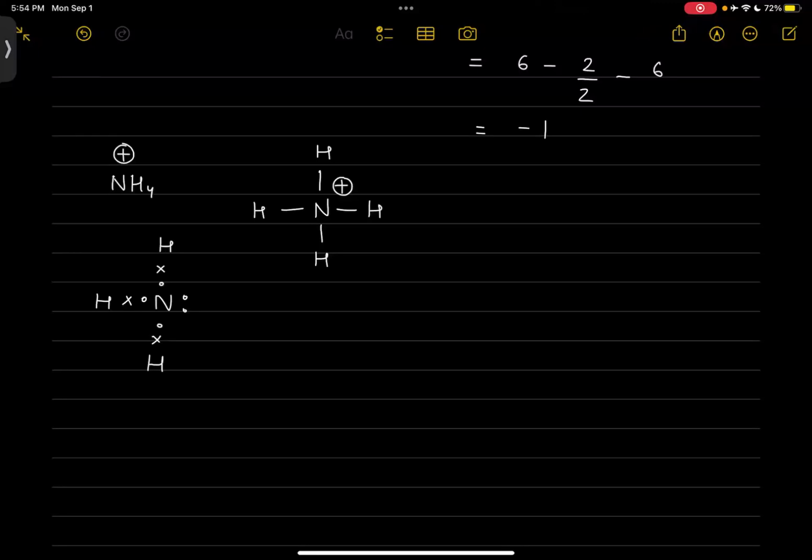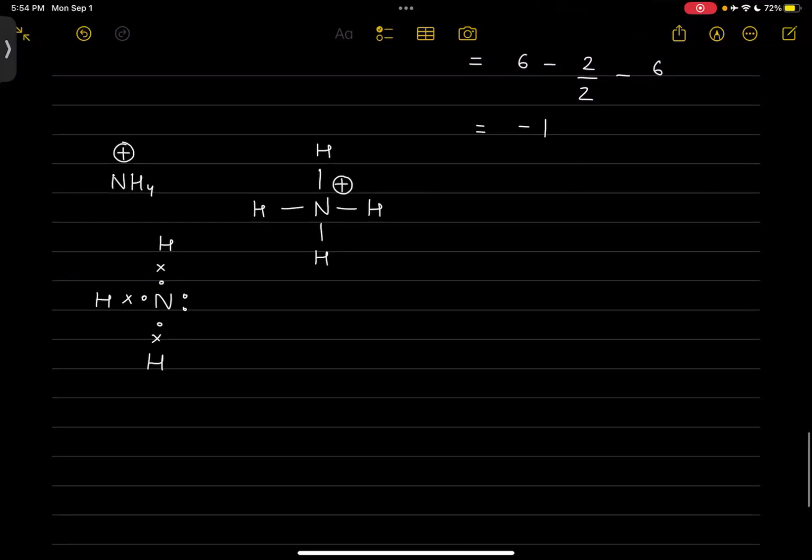The charge. And you can attach H plus or H minus? You can attach H plus, because you need to have a plus charge, okay?